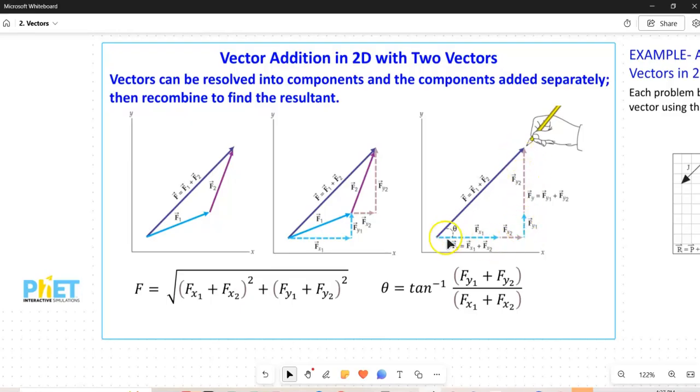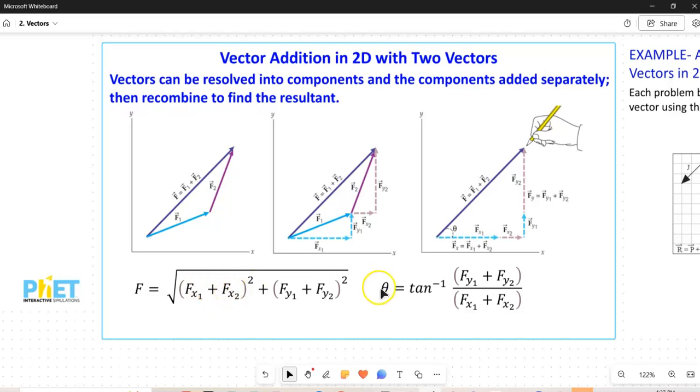So c is going to be equal to the square root of this Fx vector, which is the overall addition of those two vectors, plus the y vectors squared, right?